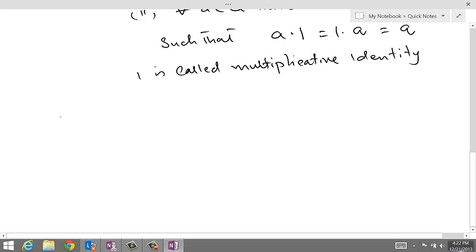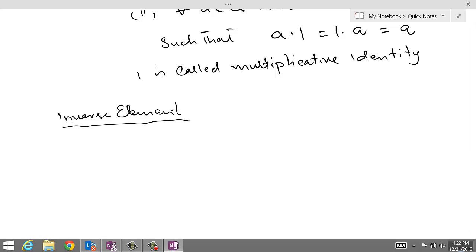Inverse elements. Again, we are going to discuss inverse element with respect to addition and inverse element with respect to multiplication separately.